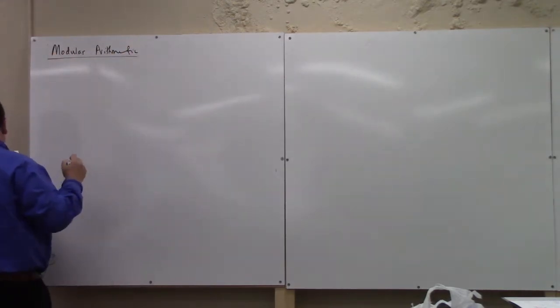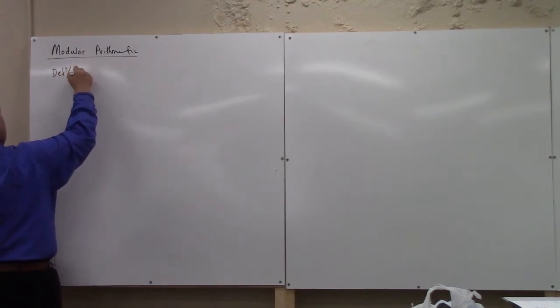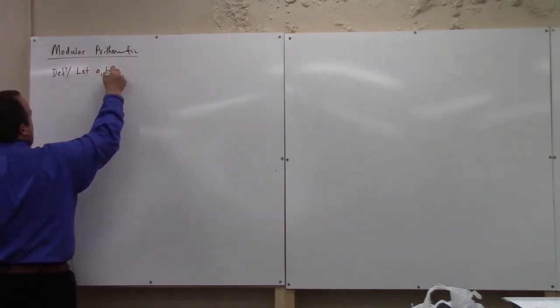All right, so let's give a definition. All right, here it is. Let A and B be integers.